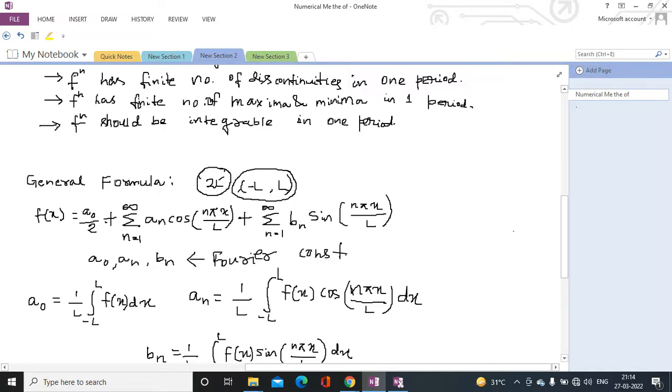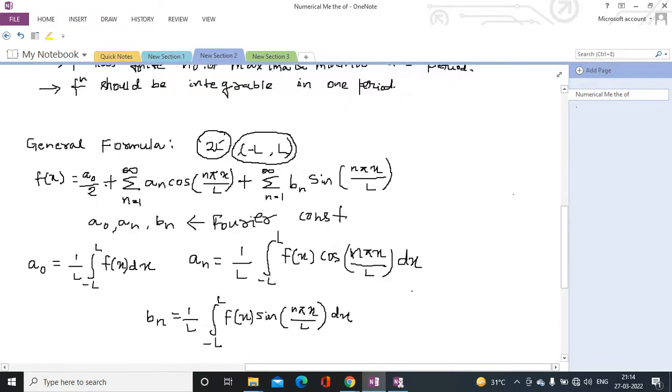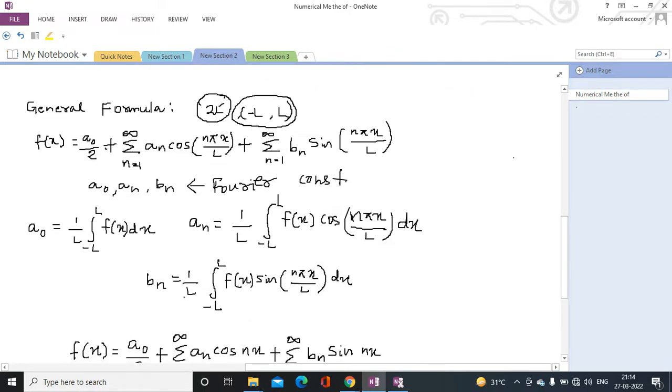Then an equals 1 by L integral from minus L to L of f of x cos n pi x by L dx. Similarly, bn is 1 by L integral from minus L to L of f of x sin n pi x by L dx.